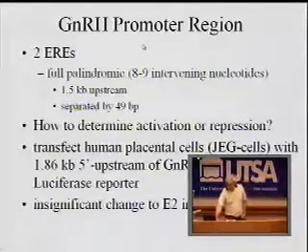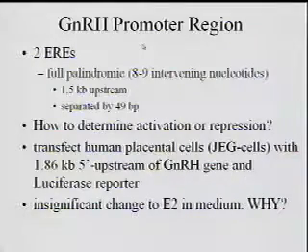And then finally, let's talk about the GnRH promoter region as far as having EREs. So there's two EREs. They're fully palindromic, with 8 to 9 intervening nucleotides between the palindromic sequences, 1.5 kilobase pairs upstream, so this is probably that distal activator, separated by 49 base pairs, so they're pretty close to each other.